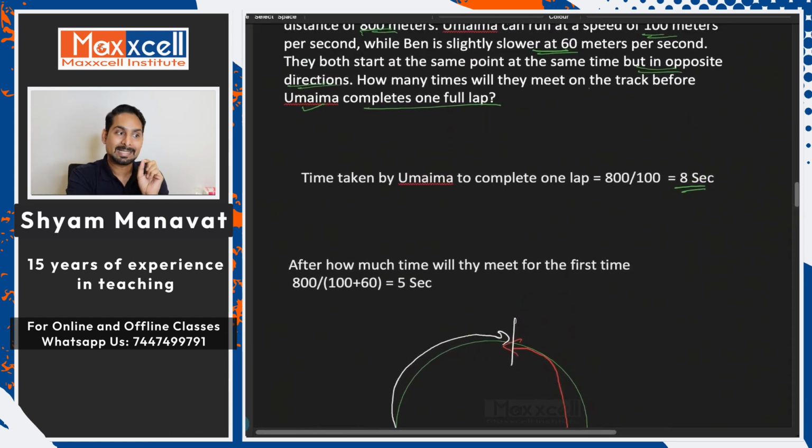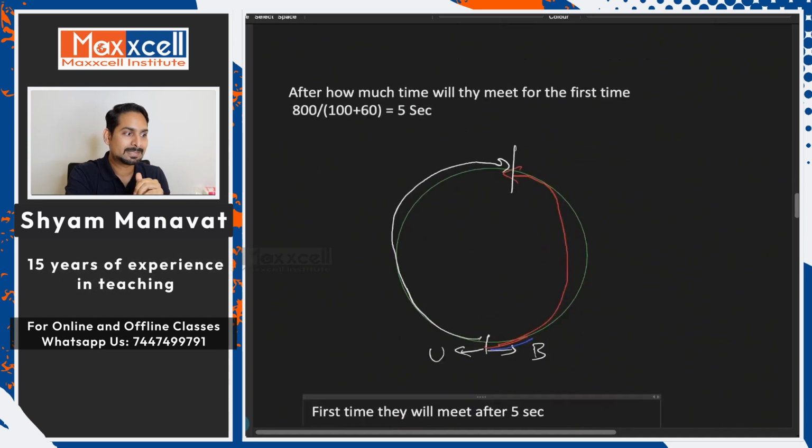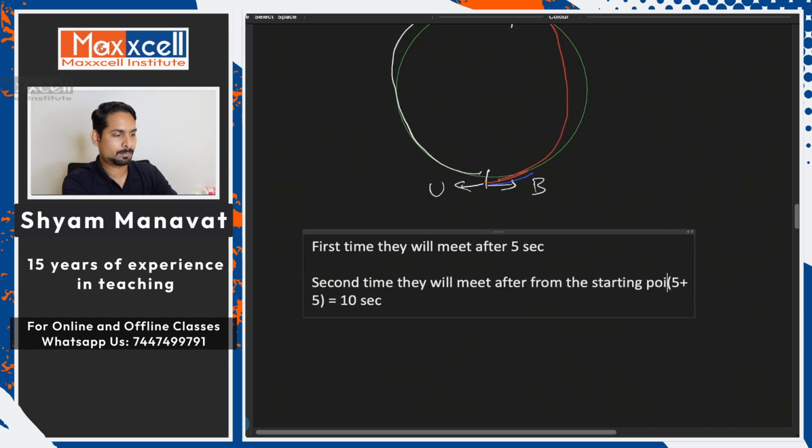So now, in 8 seconds, Umaima is able to complete the lap. Will they get a chance to meet for the second time before Umaima completes the lap? Of course not, because the second time they are going to meet after 10 seconds from the starting point.